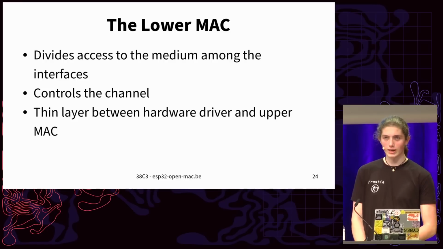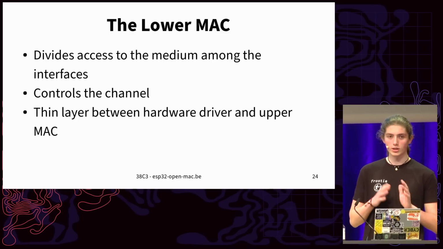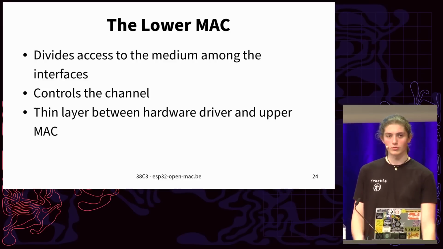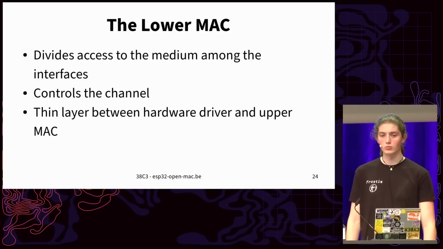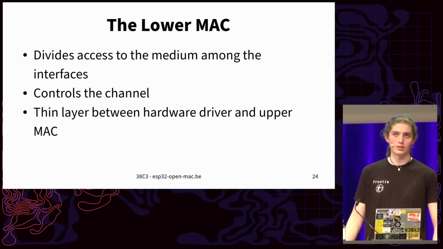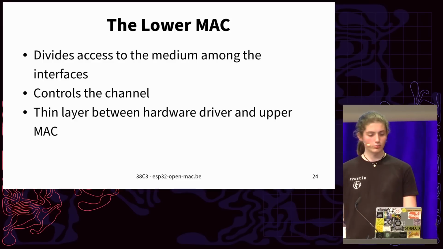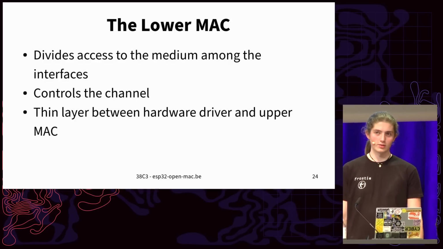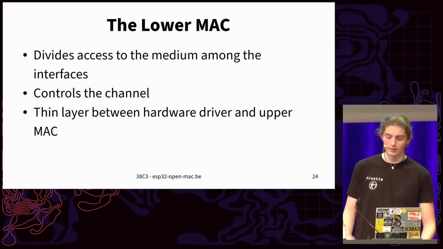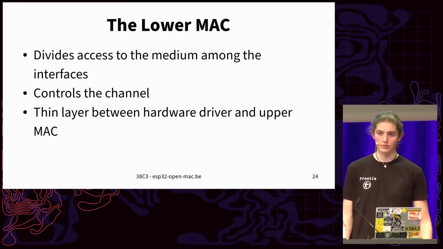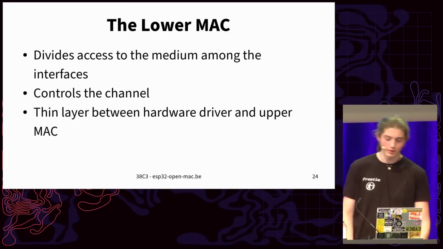The issue is that we have only one RF chain, so we can only be on one channel at a time, even though we have two interfaces which would maybe like to operate on different channels, so maybe an access point on channel 2 and a station on channel 11, which just wouldn't work. So it has to mediate that in a way. And it's basically just a thin layer between hardware driver and upper MAC. Some functions are even just pass-throughs, and it just implements some nice features that make implementing interfaces easier.